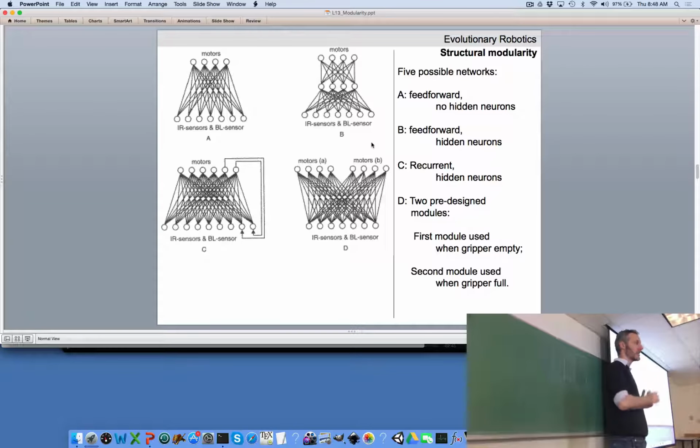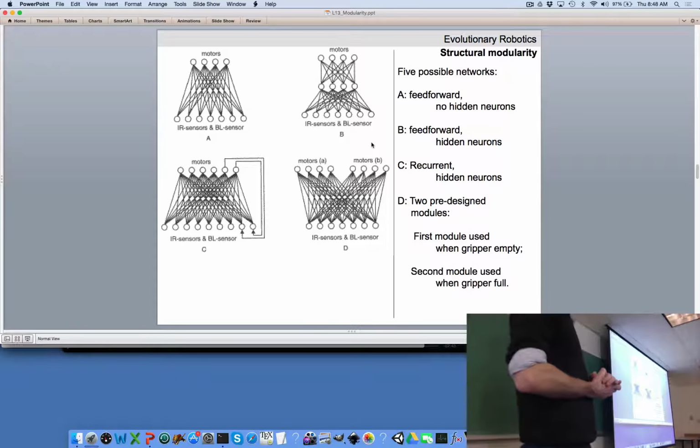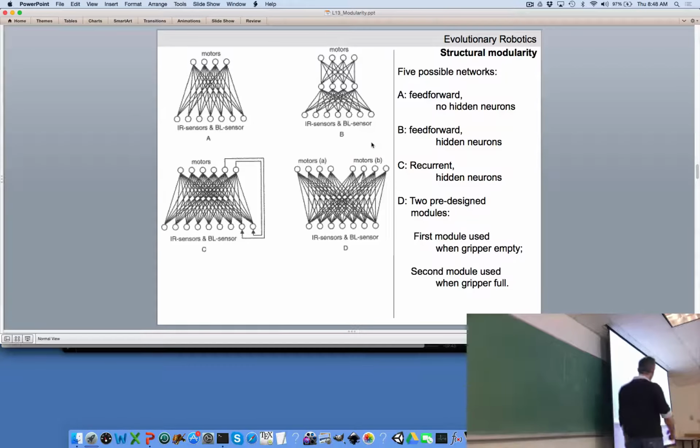So cognitive architecture, again, is the number of neurons and synapses and how they're connected together. We looked at networks A through E, which become increasingly sophisticated. You can see in D here, they manually created 2 modules, right? This one and this one. This module is in control when the robot's gripper is empty, and this module is in control when the gripper is full.